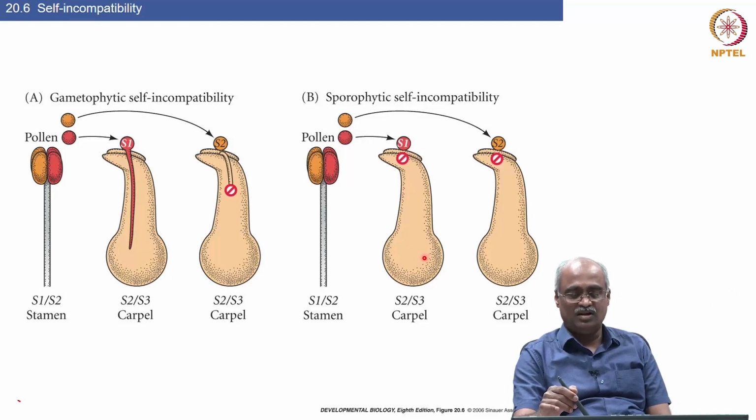That is because I told you that the pollen grain has an outer layer called the exine, and the exine is produced by the sporophytic tissues.